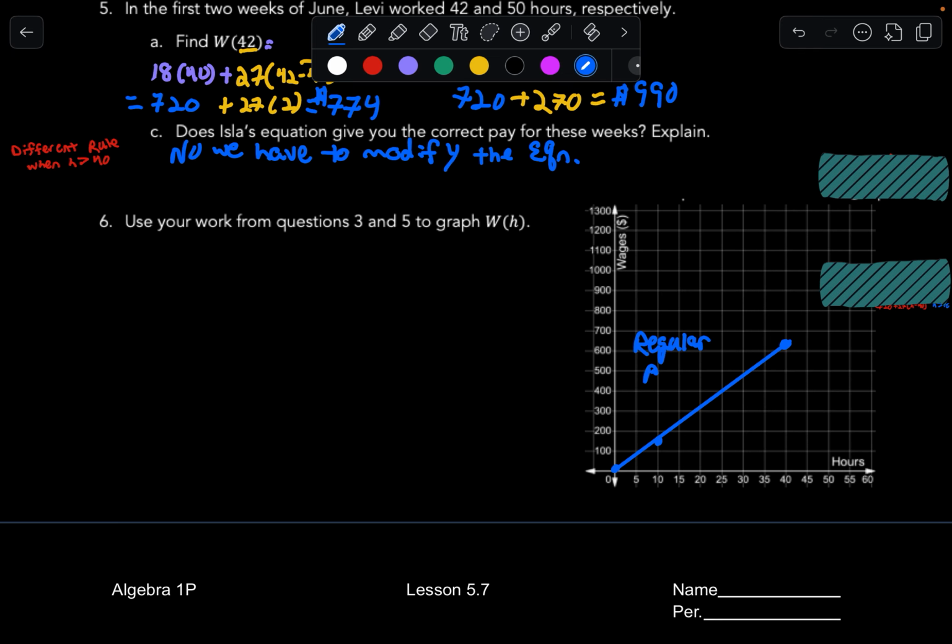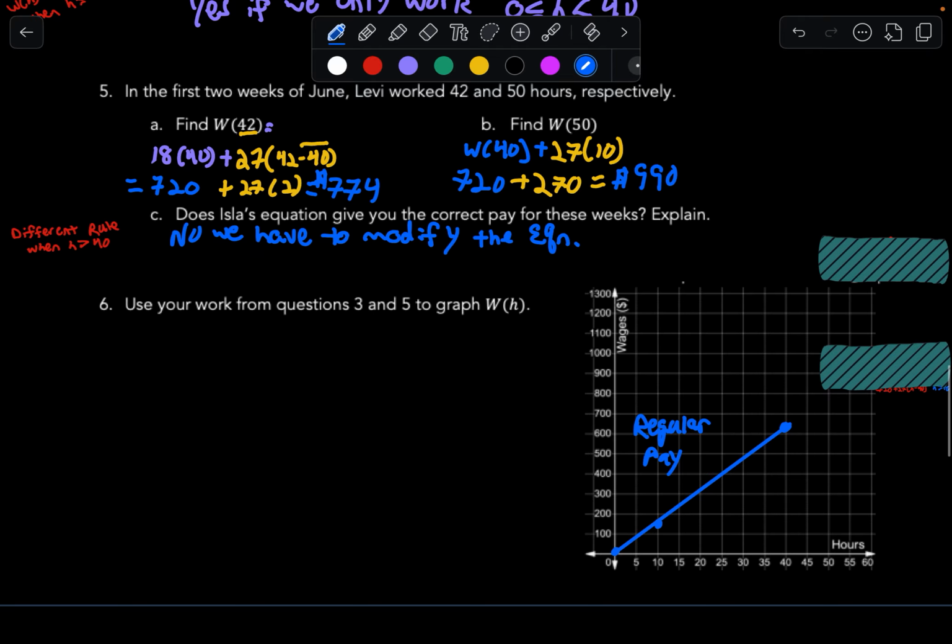Now, when we go greater than 40, we are going to have a different line. We found out that W of 42 is 774, so I'm going to use a different color. Let's use green. 42 is roughly right here, and 774 would be somewhere there.